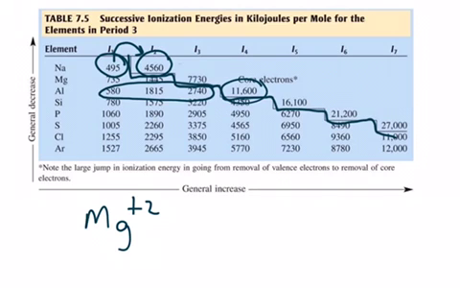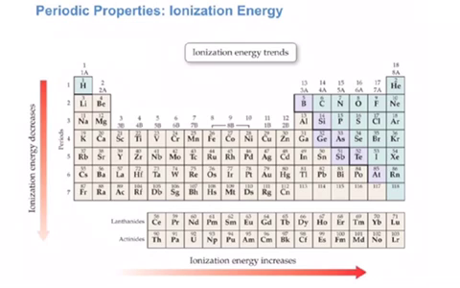Okay, so you are not limited to removing one electron. You can remove more than one, but every time you remove an electron, it takes more energy to remove a subsequent electron. And then there's a huge jump when you go from a valence to a core. Now, let's take a look at the patterns again.